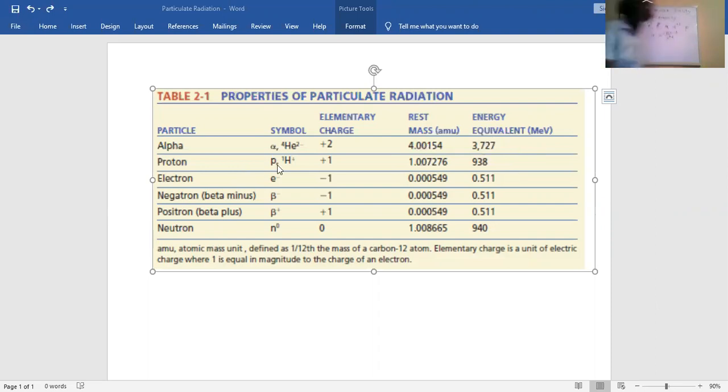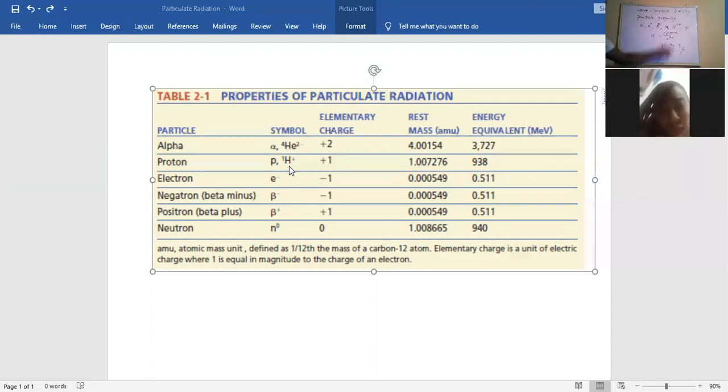The proton here is just the hydrogen nucleus. Of course, we have three isotopes of hydrogen: the normal hydrogen, this other one, and hydrogen 3, tritium. This one has one proton, one electron.